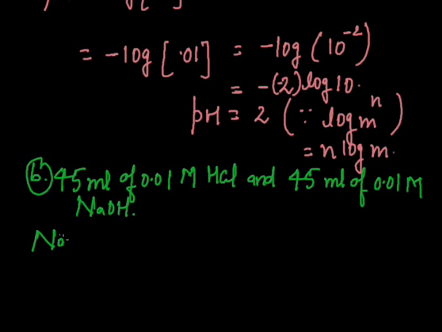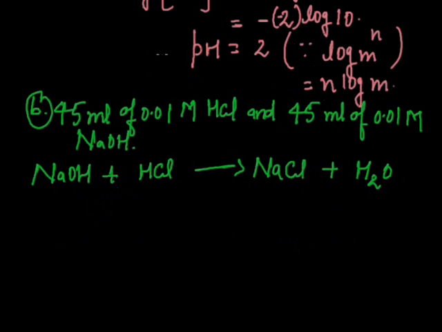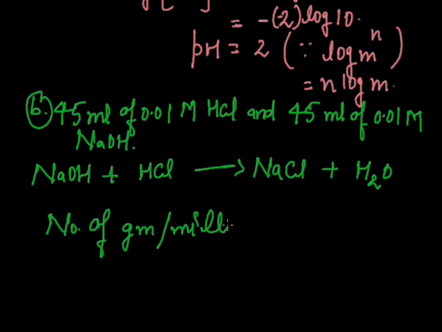So NaOH when combined with HCl gives NaCl plus water, and in the above mentioned data, the number of gram equivalents of the HCl is equal to the number of gram equivalents of the NaOH. So pH is found to be neutral.